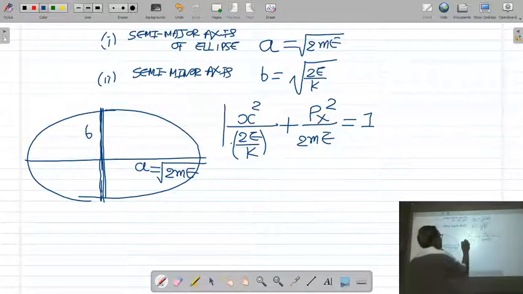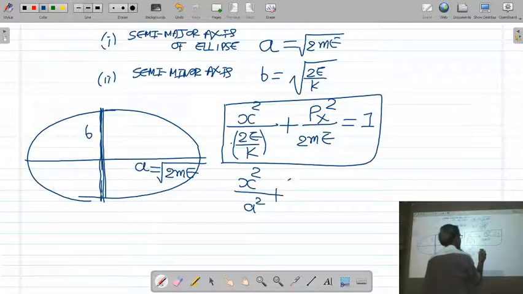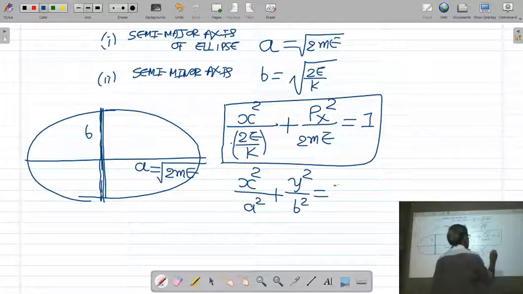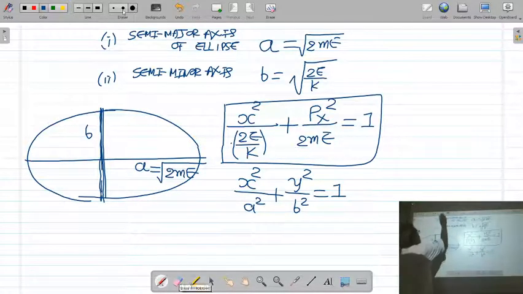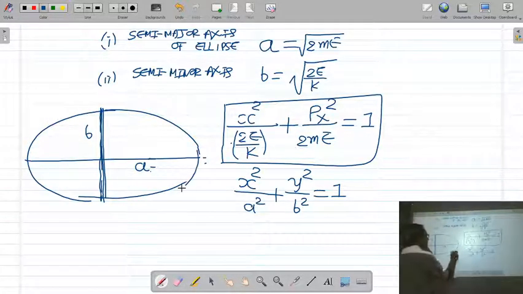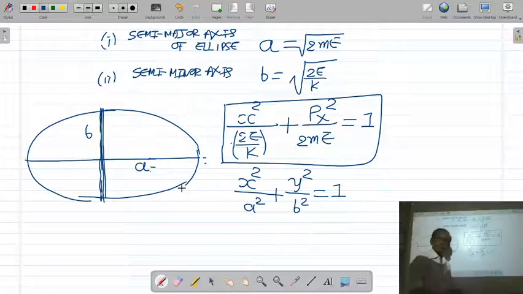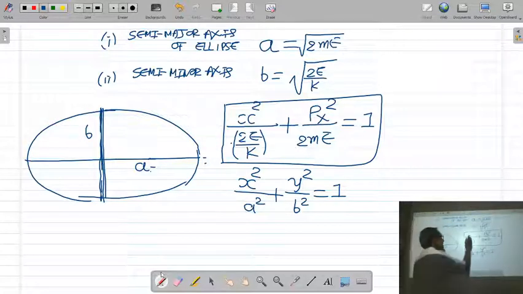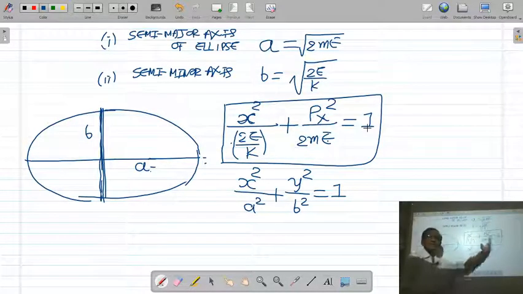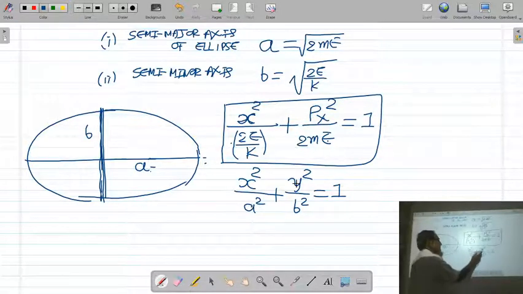If you compare this equation with the equation of an ellipse, x square upon a square plus y square upon b square is equal to 1. I'm very sorry. Once again, you see, the equation which we derived from the equation of total energy of the oscillator is x square upon 2E by k plus px square upon 2mE is equal to 1, and this is the equation of an ellipse.